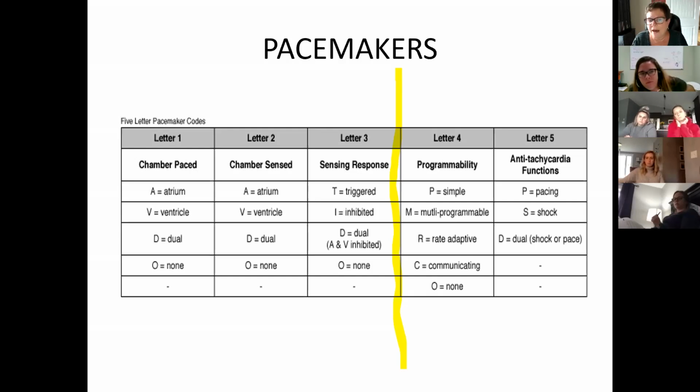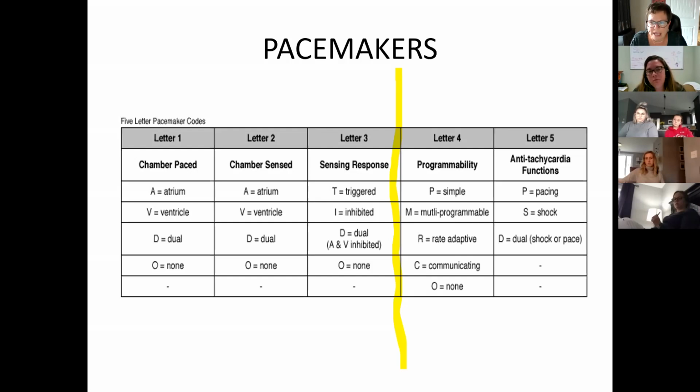And then if you have a dual chamber pacemaker, so a DDD device, that means it paces in both the atrium and the ventricle. It senses P waves in the atrium and QRSs in the ventricle. And if either one of those rates, the atrial rate or the ventricular rate, is faster than the pacemaker, then the device lays back and does nothing and lets the heart's own intrinsic activity happen.